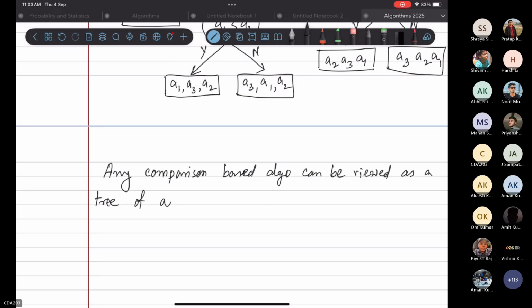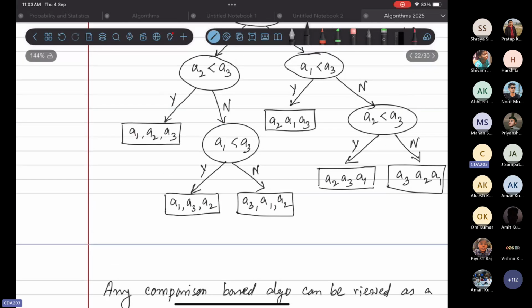of all possible comparisons, whatever comparisons we are doing in the process, right? And their outcome. So here's the thing.